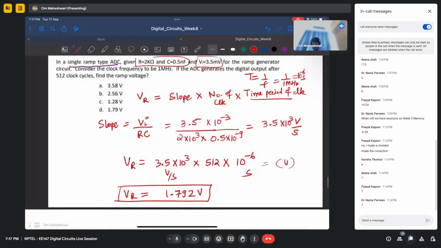So basically ramp voltage is just some voltage which is increasing with time. And the slope of this is given by Vi by RC. And you have to find it after some particular 512 clock cycles. What is this VR? This was the question in simple terms.